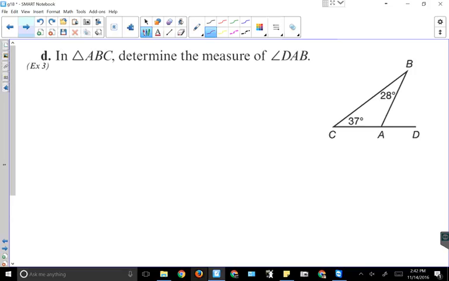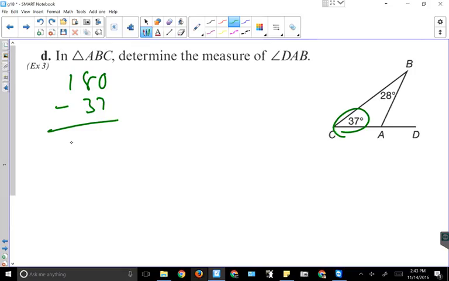Okay, so we need to figure this one out. Jason, what do you got? Nothing. Why not? First off hand, do you know what the measure of A is inside the triangle? How many degrees are in a triangle again? So I got 180. So if I got 37 here, I'm going to subtract off 37.